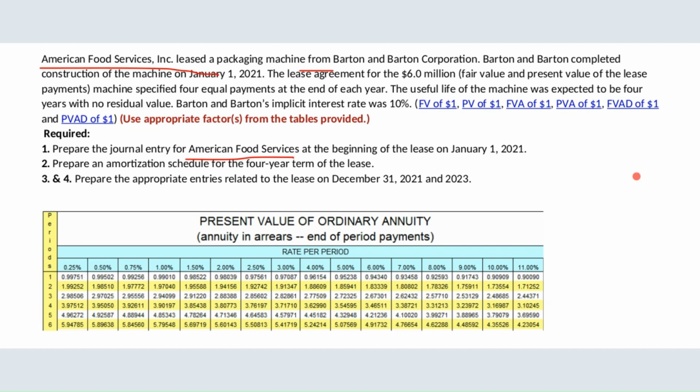So for the lessee, we have two types of leases. What are the two types under the lessee? Either a finance lease, is that what we said? Or what else?